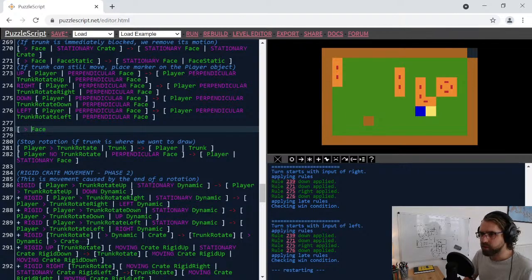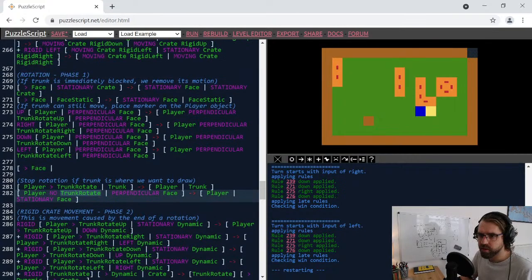And if there's trunk along the way, in fact, if the space after the face has, do I know if the face is rotating at this point?